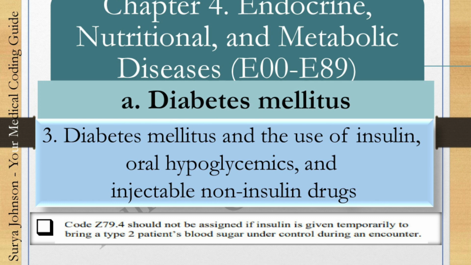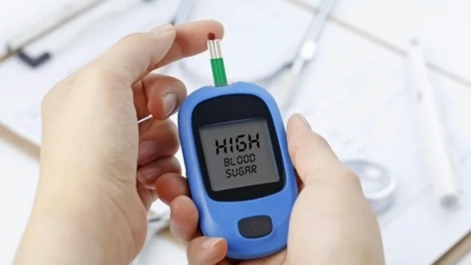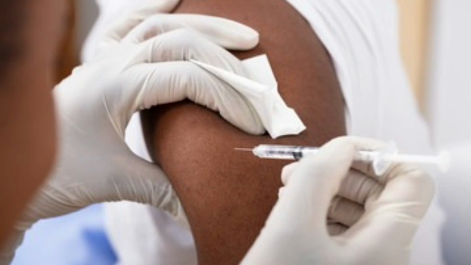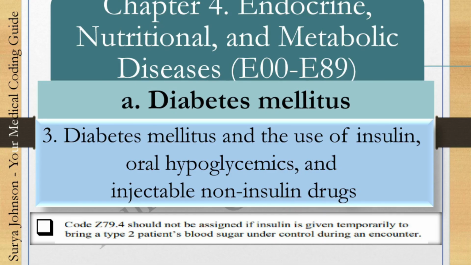If that patient is coming to an encounter, and on that encounter the patient's blood sugar level seems to be very high, and the doctor is giving temporarily an insulin shot, in that case, you will not code the Z79.4 because the description says so. You got my point, right? So whenever you code Z79.4, you should check whether it is for temporary use or the patient is taking that for a long term.